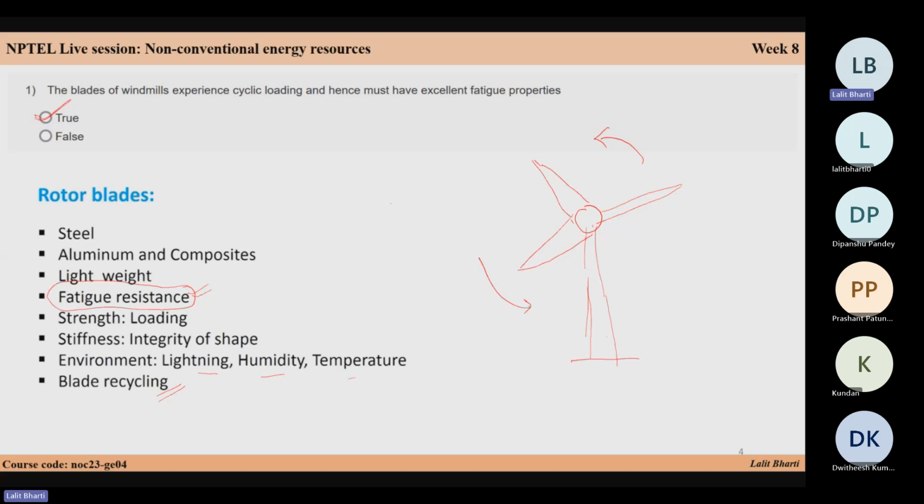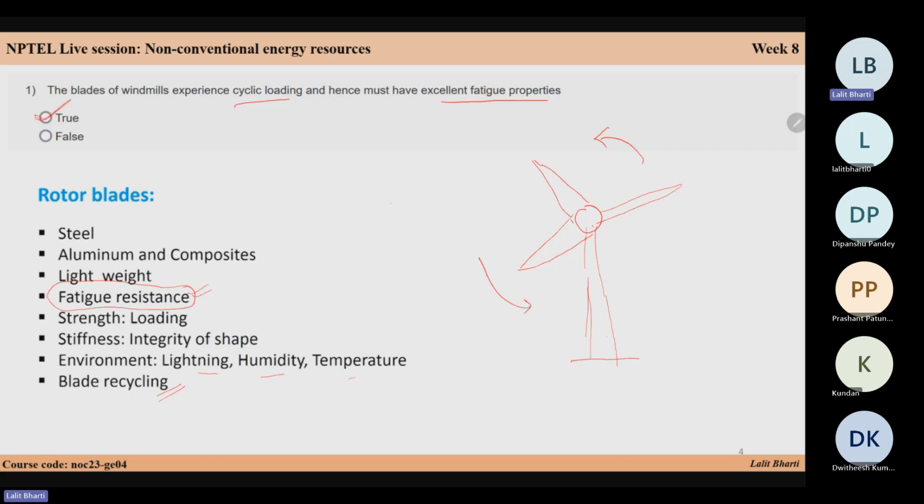It says the blades of windmills experience cyclic loading and hence must have excellent fatigue properties. So we need to understand what fatigue properties are. Fatigue properties mean the material should withstand mechanical cycling.